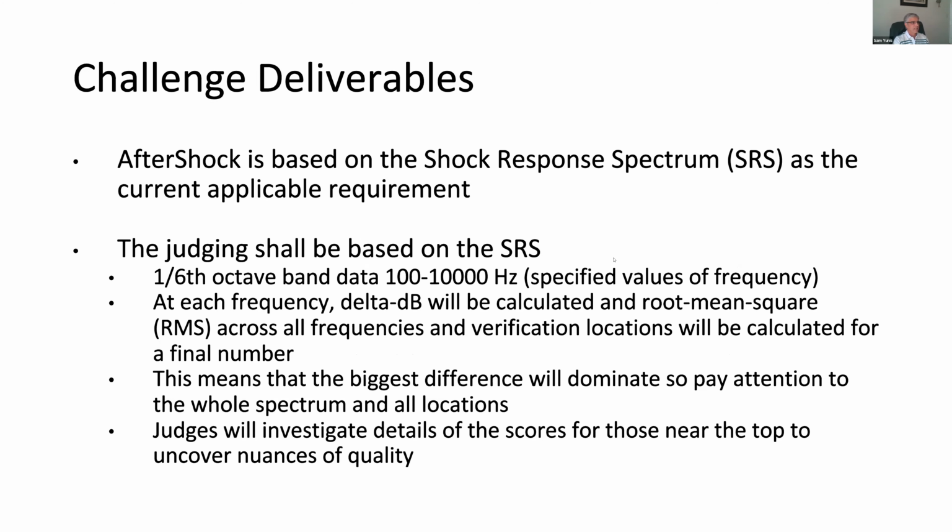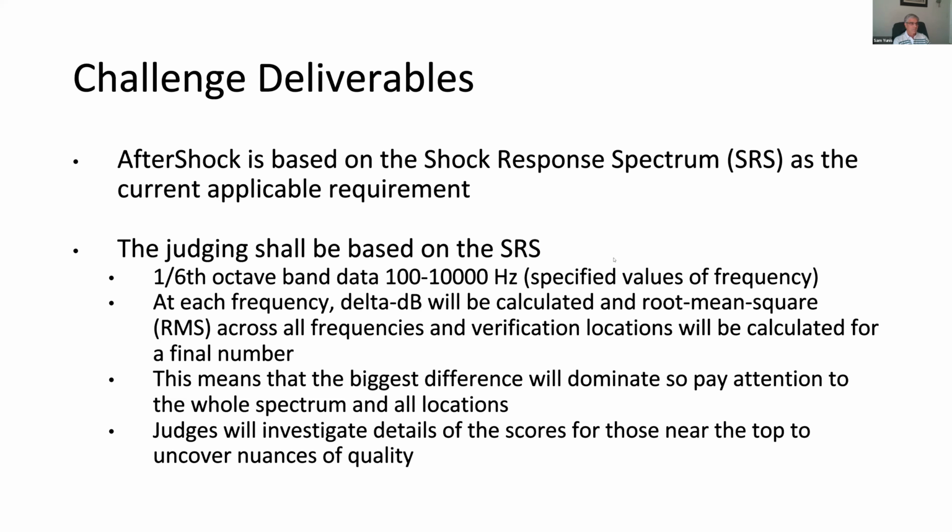Lastly, I will say the challenge deliverables, what we expect from you is, again, everything's going to be based on the shock response spectrum that you've been looking at. We will take 6th octave bands, which we've provided for you as specific frequencies between 100 and 10,000 hertz.